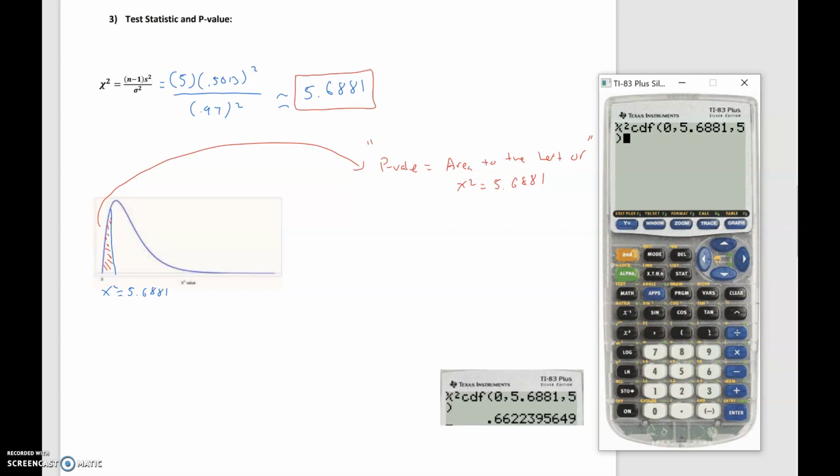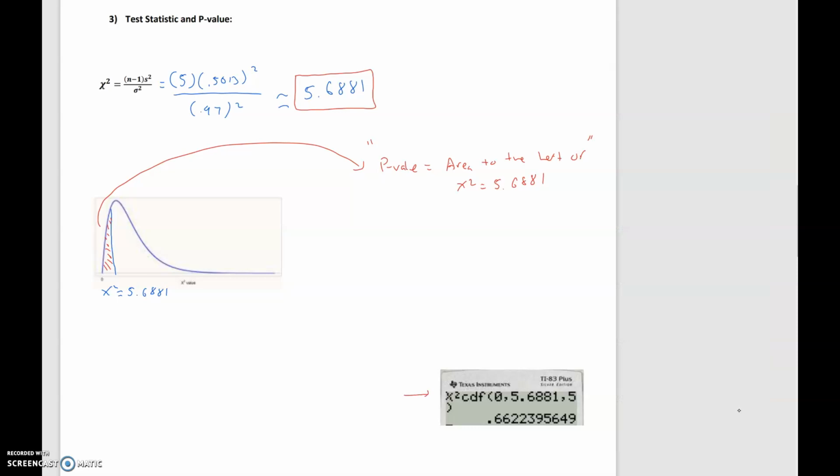In this case, we're simply going to punch in 5. Let me hit enter, and our p-value is 0.6622, which you technically see the code here.